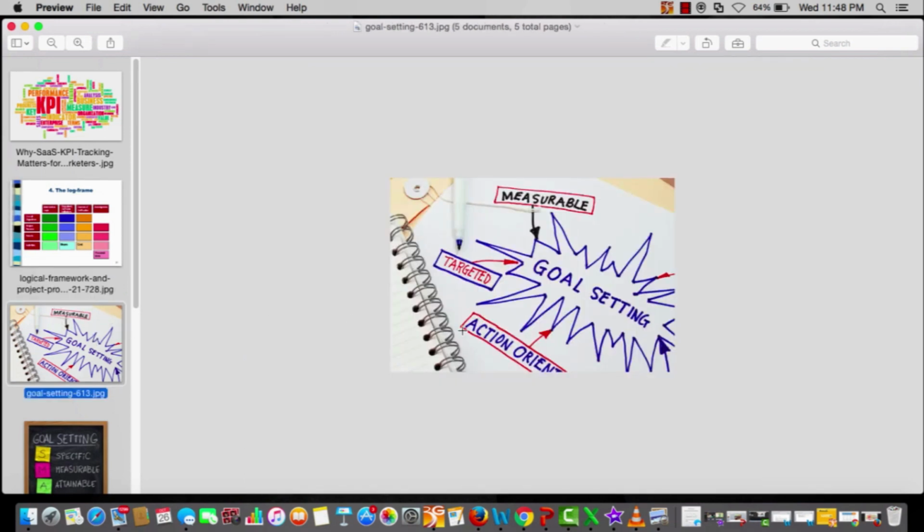Okay, so let's say you have a program that is there to reduce poverty in a certain community, what indicator would you choose? Well, perhaps you might formulate an indicator such as percentage of people in a community living below $1 a day as a means to measure levels of poverty.